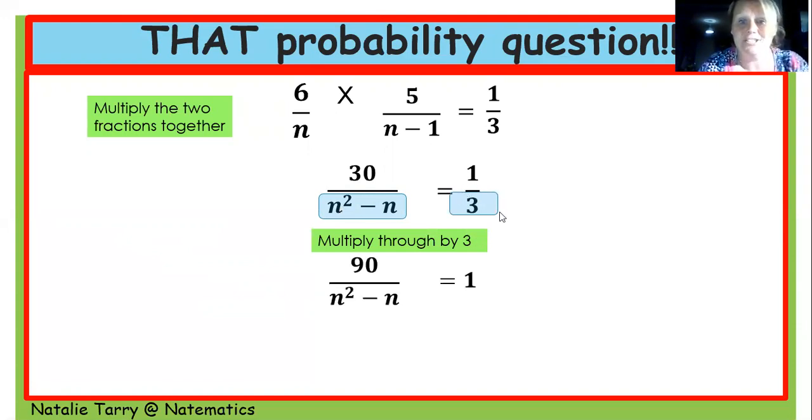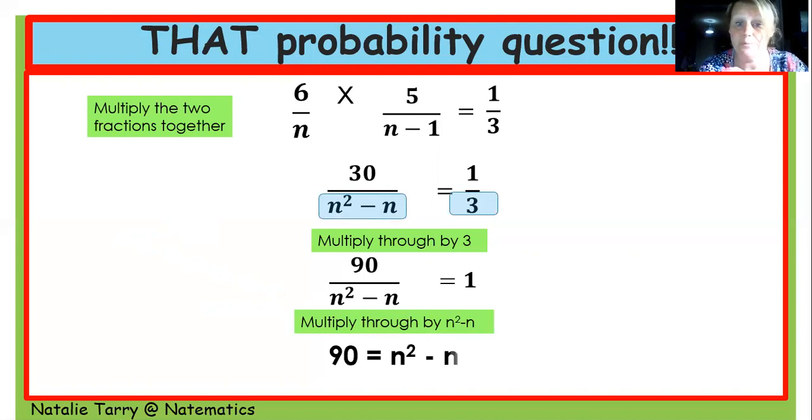This is going to go, and then we end up with 30 times 3. So basically the 3 goes to the top there, and we end up with 90 over n squared minus n. Then to multiply through by n squared minus n, which basically means that goes up to there and multiplies by the 1 to give 90 equals n squared minus n.